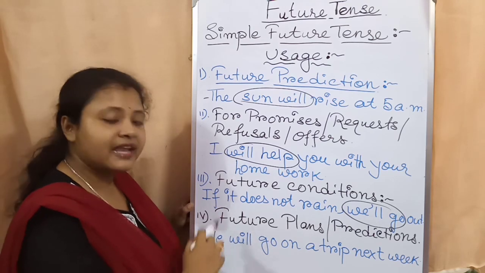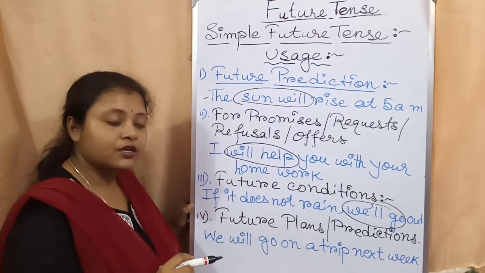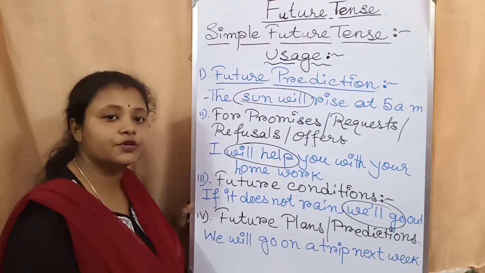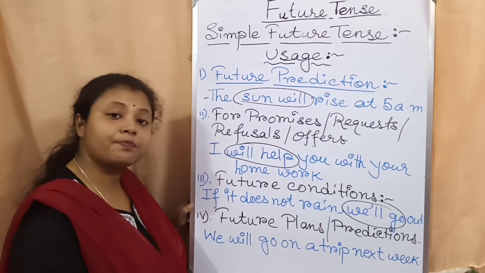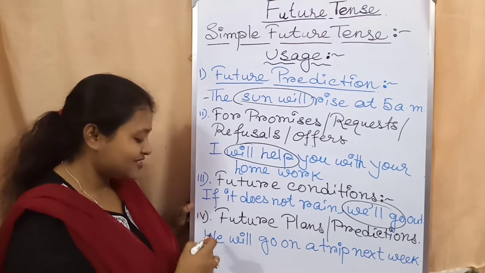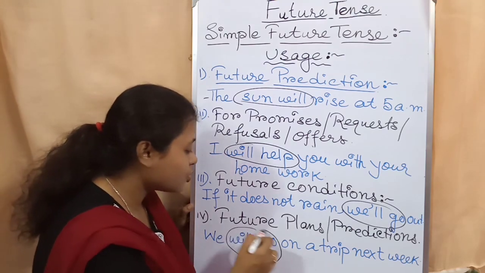Now come to the next part. Future plans or predictions. For our future plans and predictions, we can also use simple future tense. Example, we will go on a trip next week. I know in this situation it's not possible. So, we will go.